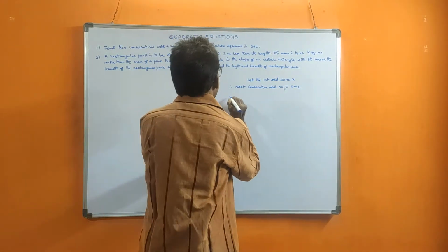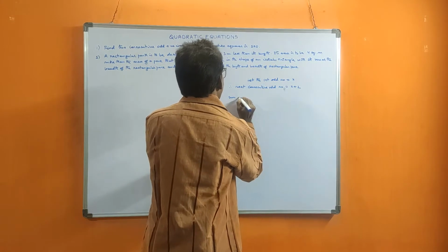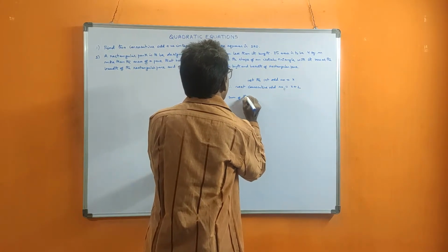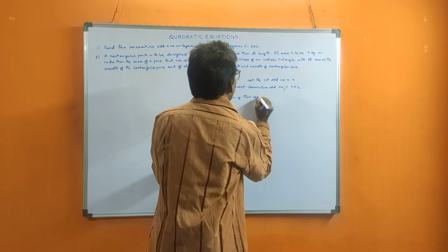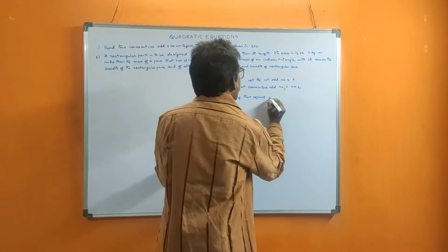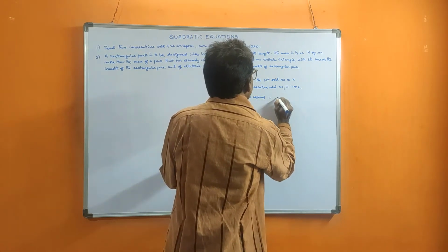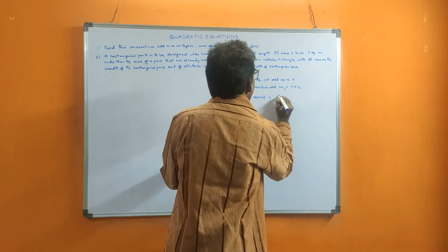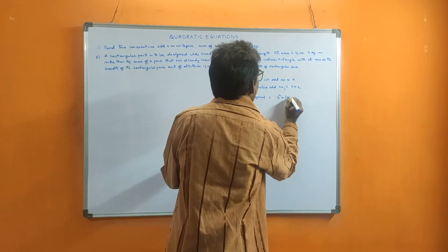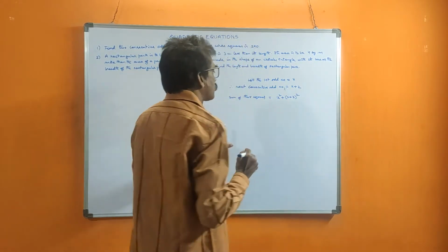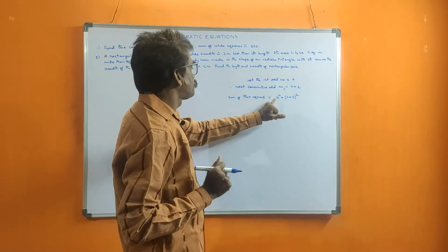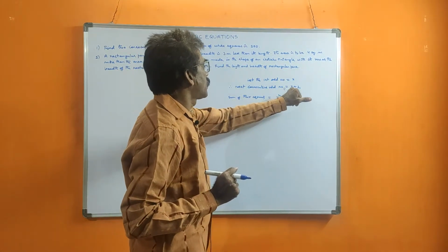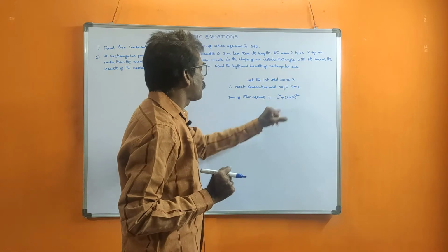Now, the sum of their squares is equal to, sum means what? Addition. Squares means x square plus (x plus 2) whole square. This is the sum of their squares. One number is x, one number is x plus 2, and we sum their squares.